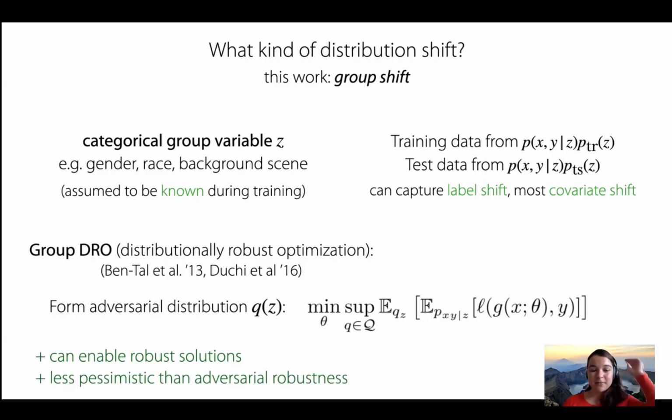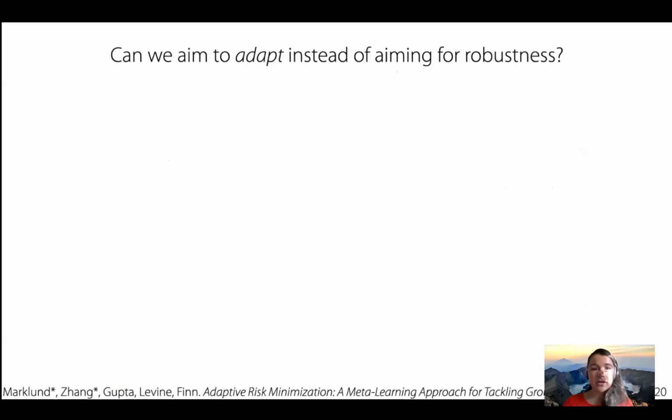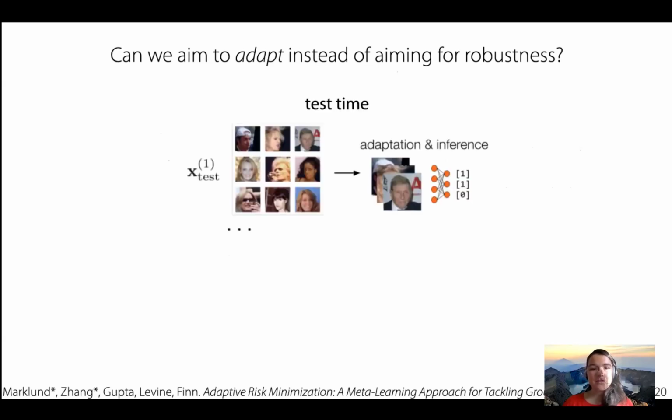And it's also less pessimistic than adversarial robustness, which may try to be robust to really any sort of perturbation of the image. The downside, though, is it is still somewhat pessimistic and often sacrifices average or empirical group performance in the process of being robust. So what we'd like to do instead is try to adapt instead of aiming for simply robustness. In particular, we assume that we have a set of unlabeled images that represent the part of the distribution that we're in at test time. And our goal will be to try to adapt to that sub-distribution.